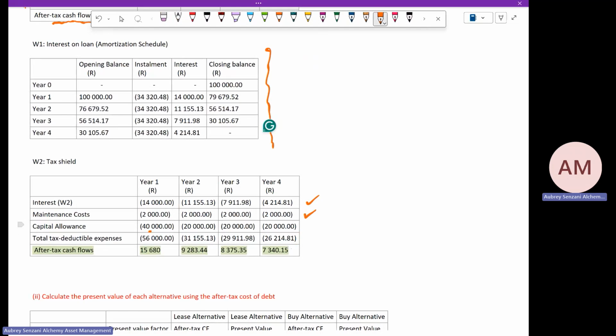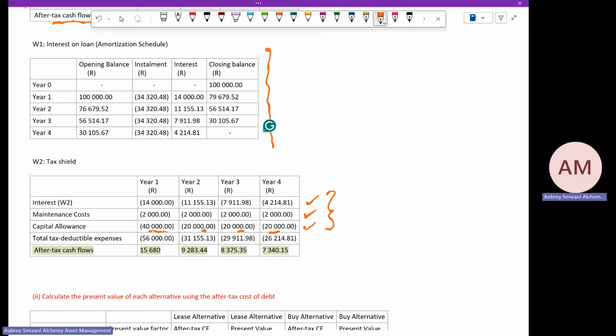So here we're saying 40% of the 100,000 and then 20% in the following 3 years. And that's where we're getting these 20,000s from. So our total tax deductible expense, we're adding these three amounts, and that's how we're arriving at this 56,000 and so on and so forth.